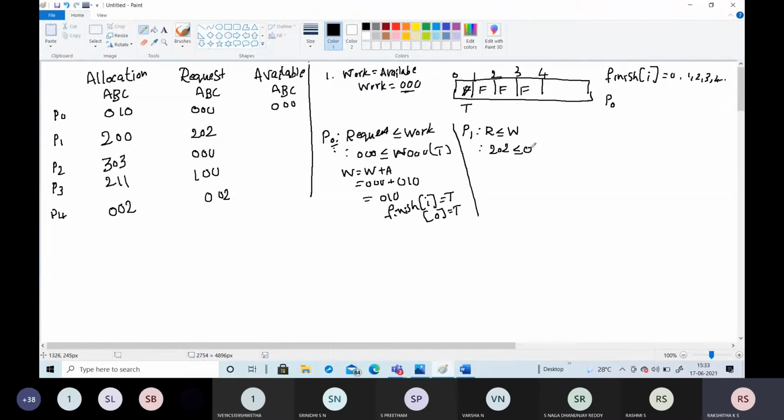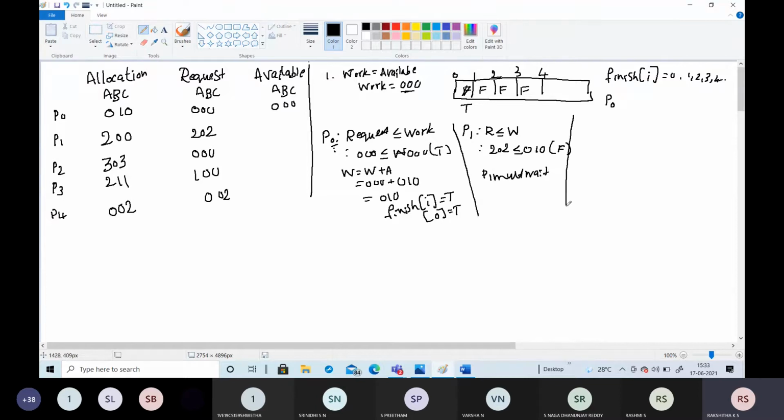It is 0, 1, 0. Is the condition true or false? Yes, the condition is false. So 2, 0, 2 is not less than or equal to 0, 1, 0. So now P1 must wait.